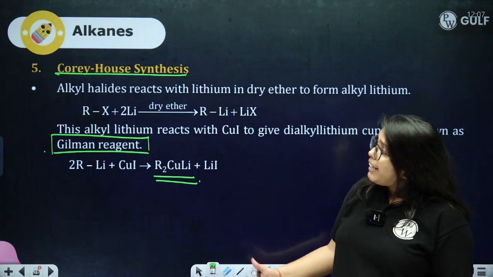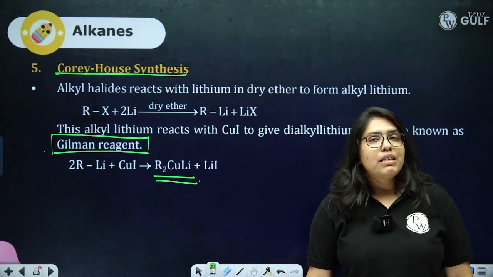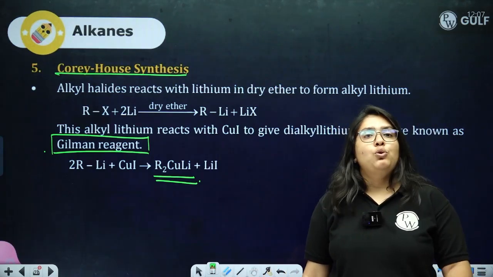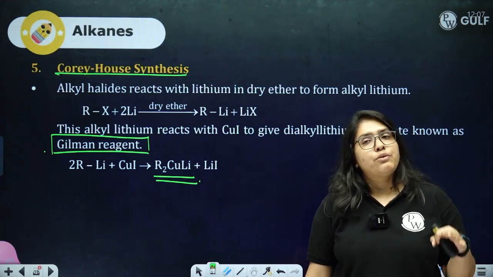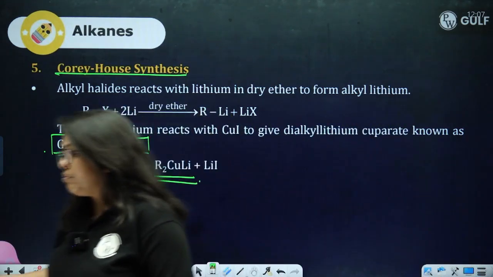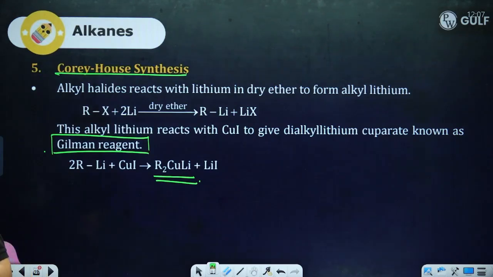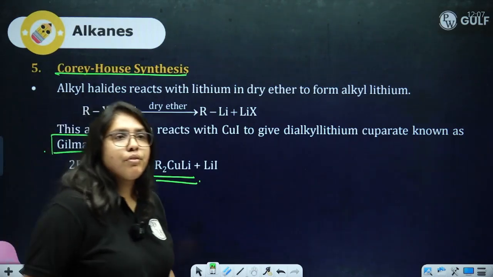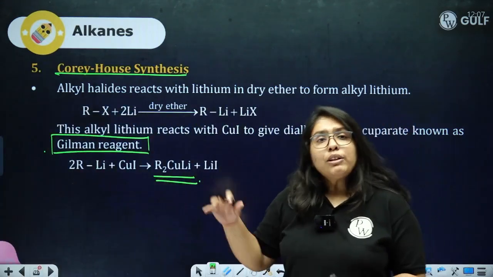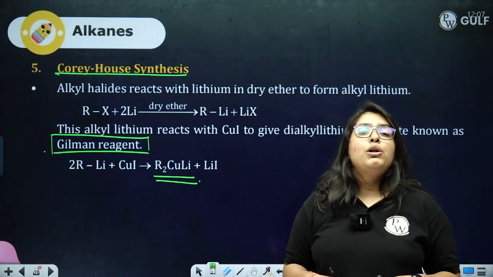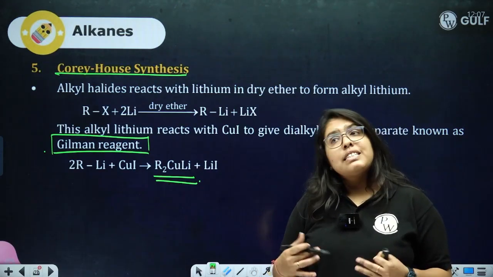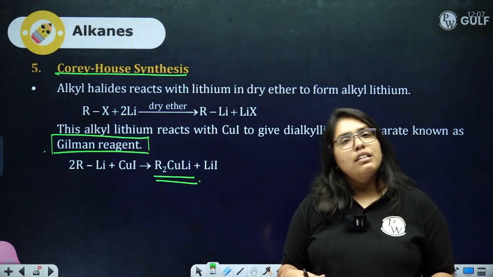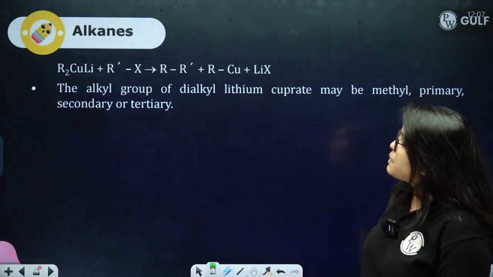Right. So in Corey House synthesis, using Gilman's reagent, we are able to synthesize as well as extract both symmetrical and unsymmetrical alkanes.